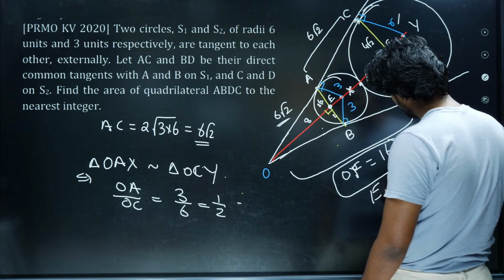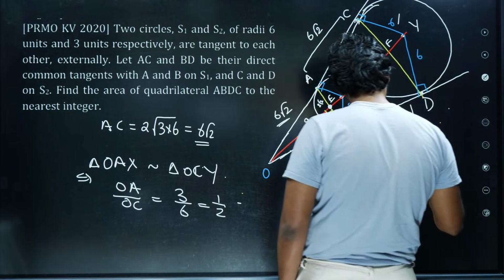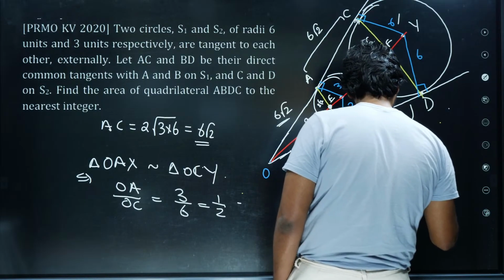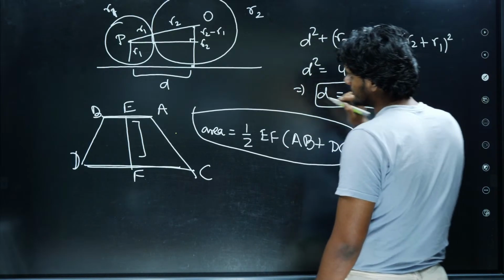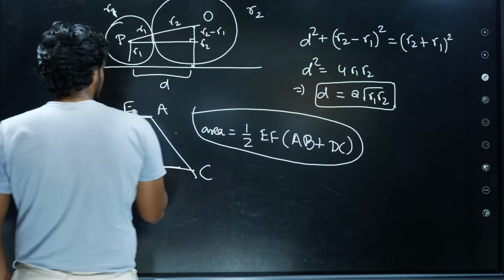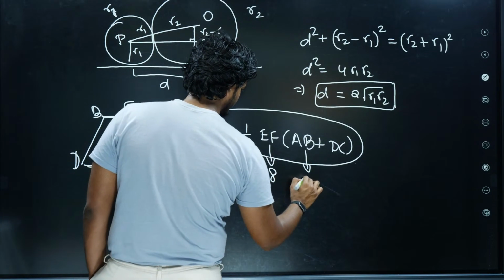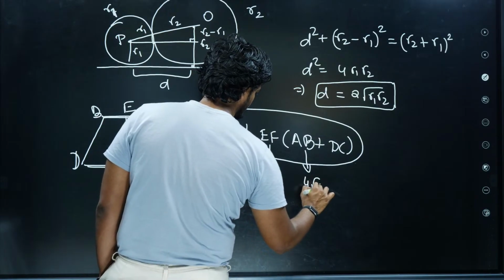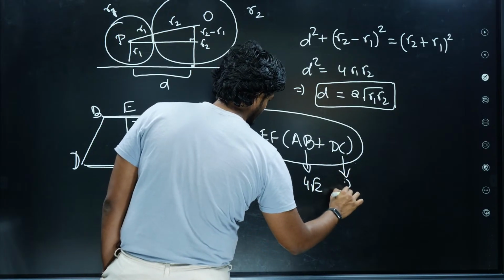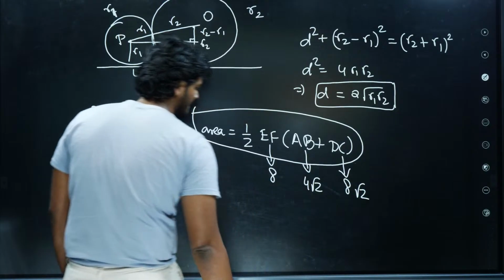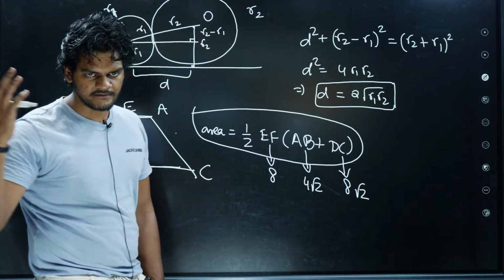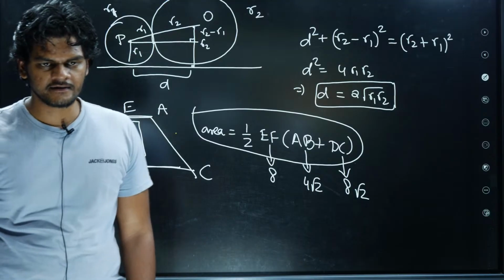So EF would be 16 minus 8, which is 8. So if I get back to this diagram, EF is 8, this is 4 root 2, this is 8 root 2. So now we know how to find the area. I hope this is clear.